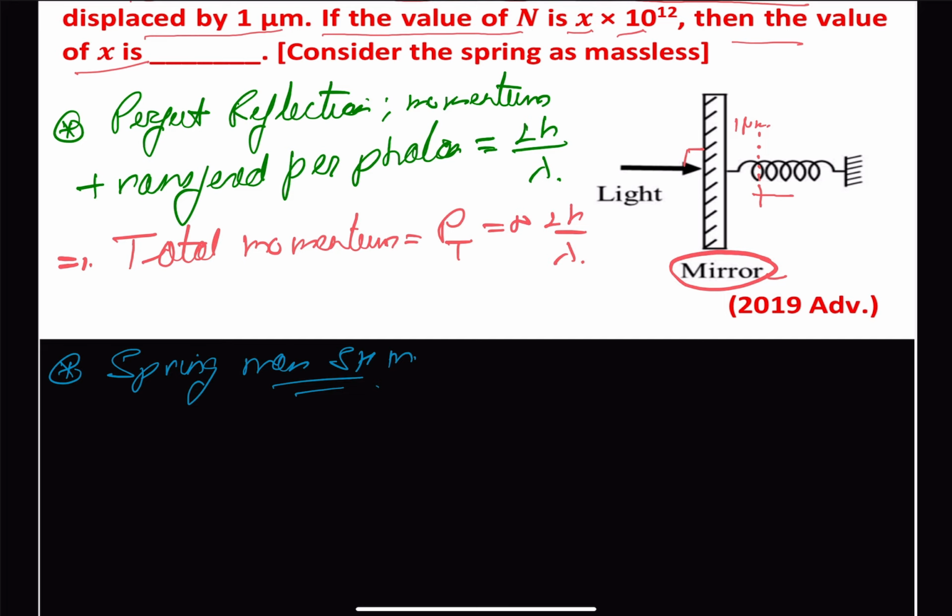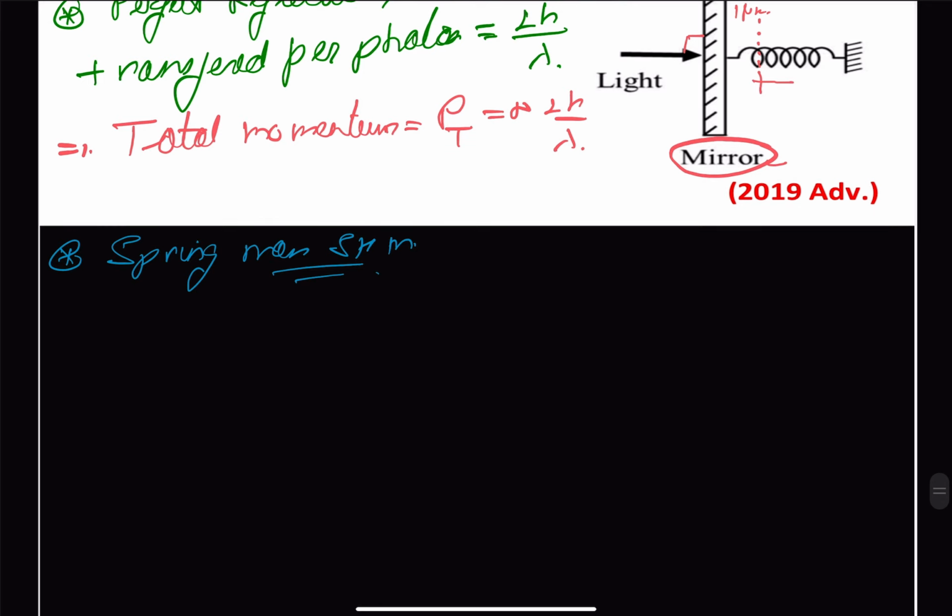For that we are going to use the basic equation for SHM, which gives us that for SHM we have x of t is equal to A cos of omega t.